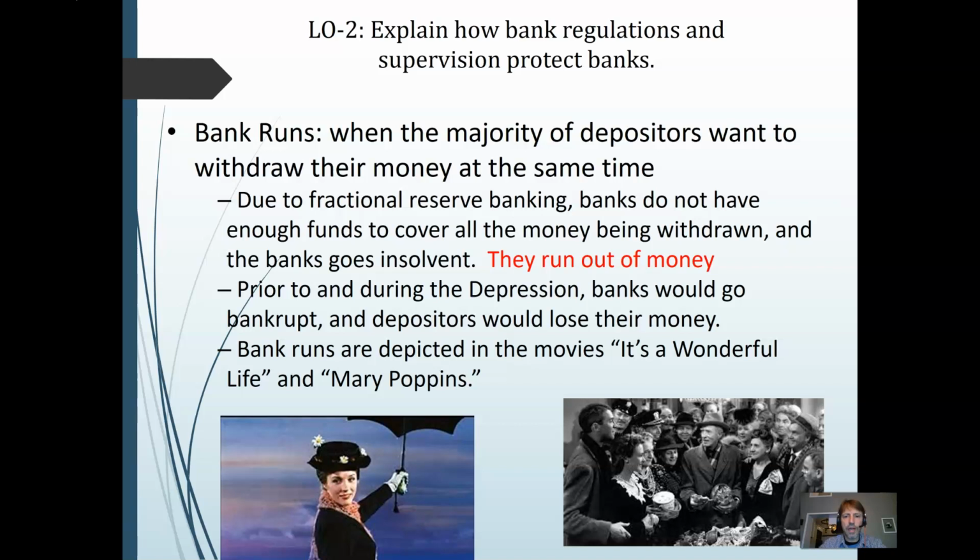And when they do that, it means that if everyone came to get their money out of the bank at the exact same time, the bank actually doesn't have our money in its possession. Some of it's lent out to businesses, some of it's lent out to government, some of it's lent out to you and I or our families for things like cars and homes and college loans.